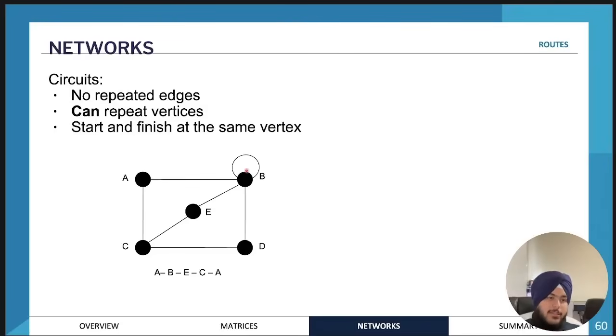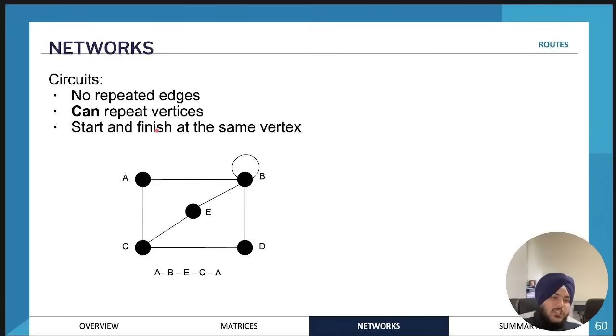Next, we come to circuits. A circuit is essentially where you're not repeating any edges, so you're not passing through the same edge more than once, but you can repeat vertices, and you're going to start and finish at the same vertex. An example of a circuit might be A, B, E, C, A. Remember, you don't have to visit every single vertex.